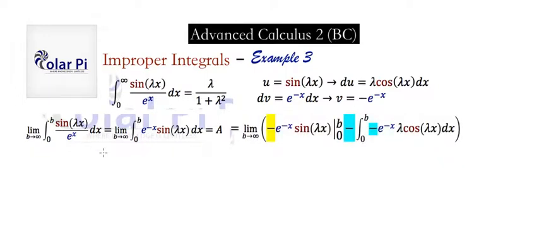All right, so then doing the correct integration by parts, our integral is now the limit as b goes to infinity, and then this integral here will turn into uv. So that's negative e to the negative x, that's v, and then u is sine of lambda x. So I have vu, but same thing as uv, evaluated at 0 and b. And the limit as b goes to infinity affects everything that comes after it.